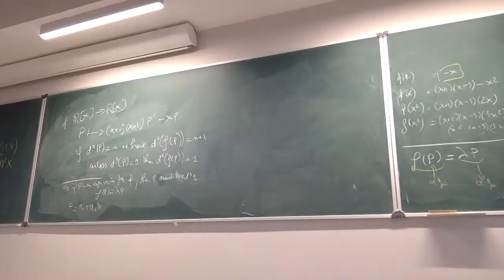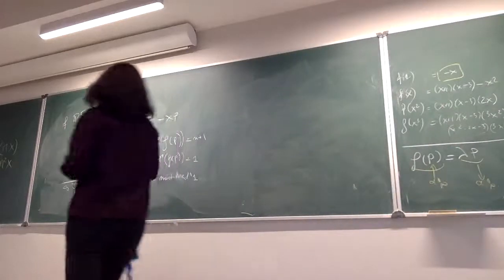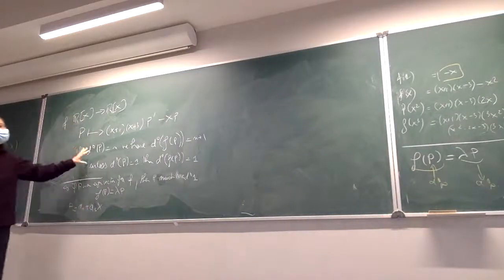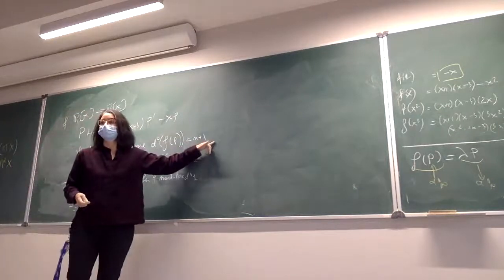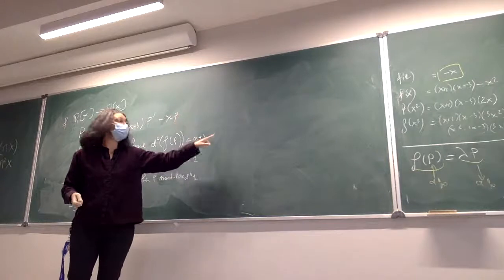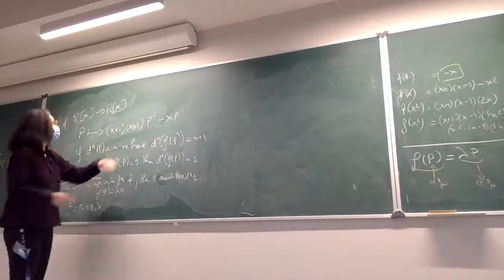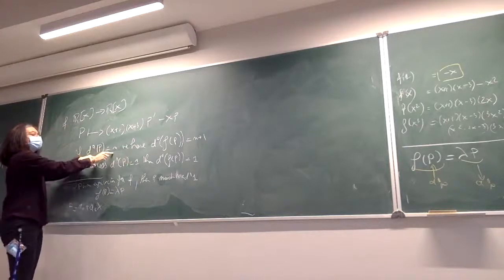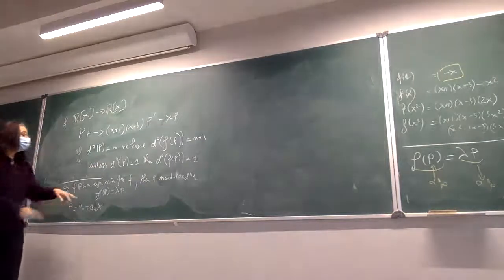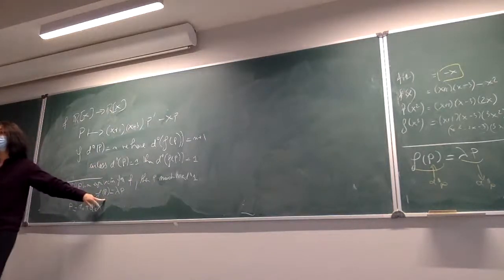Excuse me, I don't understand why P must have degree 1 to be an eigenvector. Because we found out that the image of a degree n polynomial would be a polynomial of degree n plus 1. So that will exclude all polynomials, unless the degree of P is 1. If the degree of P is different from 1, I will never be able to satisfy this equality that defines eigenvectors.